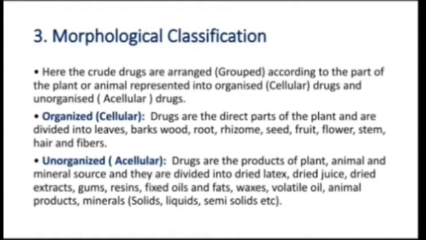Drugs are direct parts of the plant and are divided into leaves, barks, wood, root, rhizome, seed, fruit, flower, stem, hair and fibers. Second, unorganized drugs. Drugs are the product of plant, animal and mineral source, and they are divided into dried latex, dried juice, dried extract, gums, resins, fixed oils and fats, waxes, volatile oil, animal products and minerals.